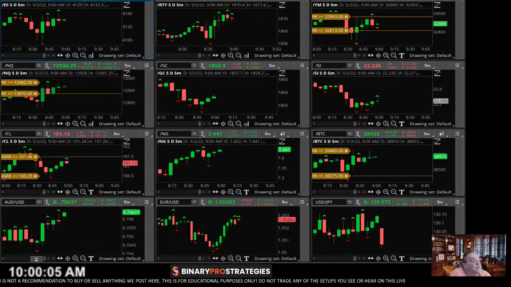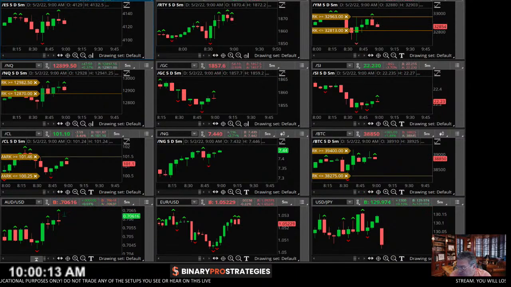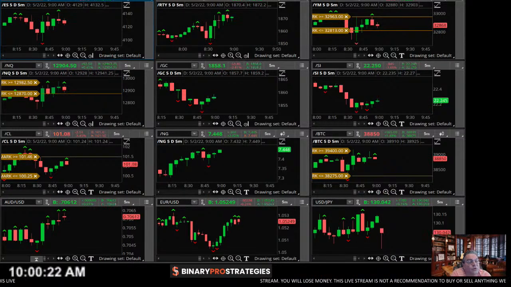Dow's all over the place, up and down, up and down. Just be careful in here. Once again, very choppy. Wait for this to settle down. ES now is getting a short.